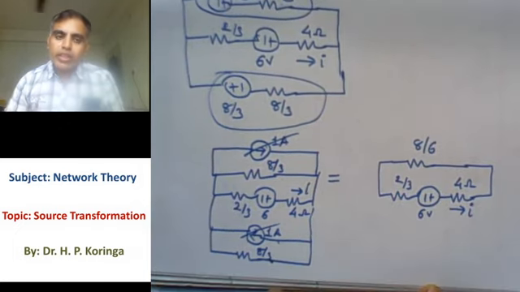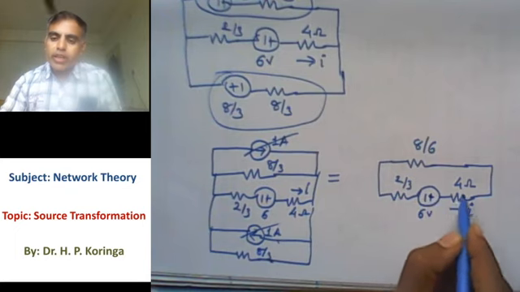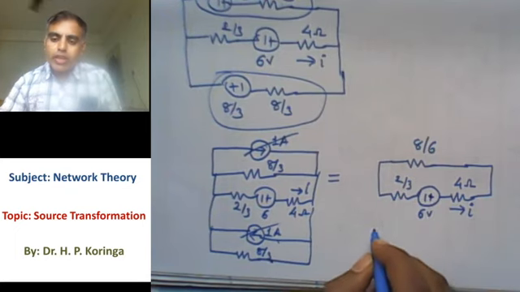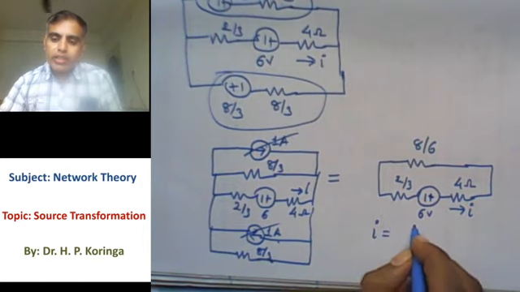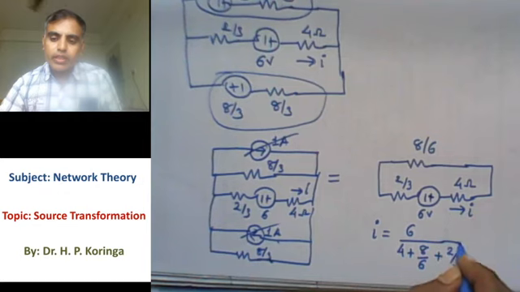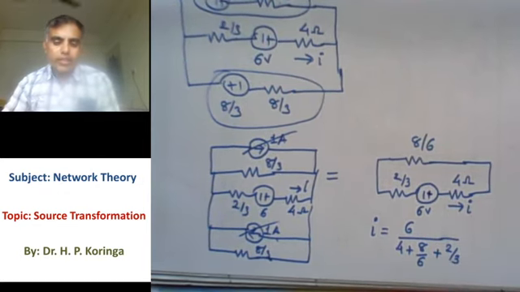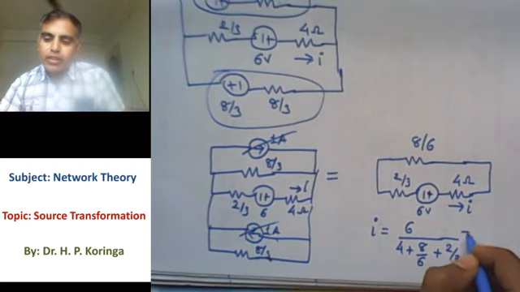So now our circuit is a single loop network, so it has a voltage V and a total resistance. So current I can be written as 6 volt divided by the total resistance, so 4 plus 8 by 6 plus 2 by 3, right? We can find it by taking the LCM, which is 6.